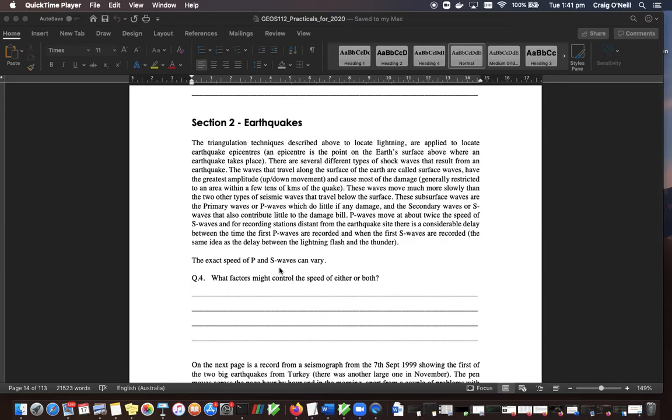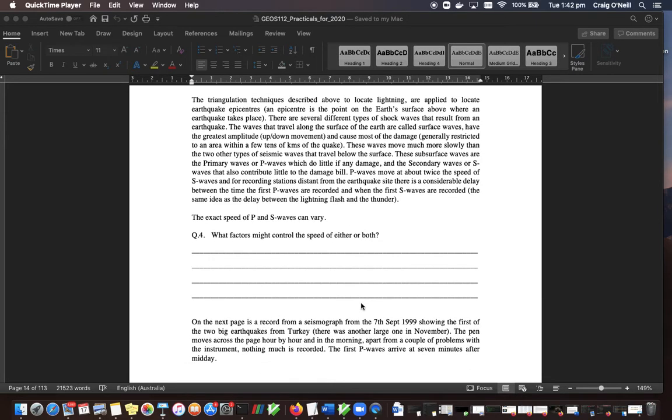The main thing that affects wave speeds, though, is, as I mentioned, these waves travel elastically through the Earth. They require deformation of the medium they're traveling through. And the way in which we describe that deformation for rocks is with a property called their rigidity. So the rigidity describes exactly how elastic a rock is and how likely it is to deform, and also then prescribes what the wave speed is through the rock. Right, let's move on now.